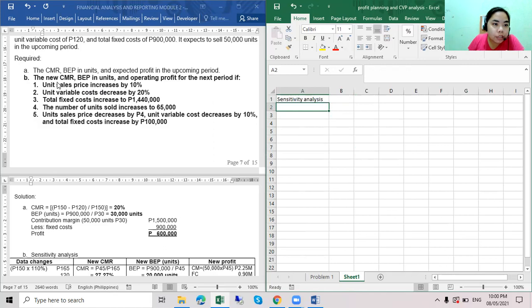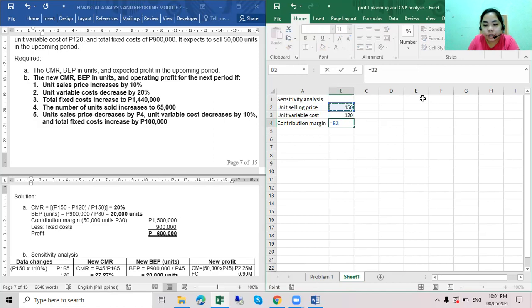Then number one is unit sales price increases by 10%. So our unit selling price is 150. Our unit variable cost is 120. So our contribution margin is 150 less 120.